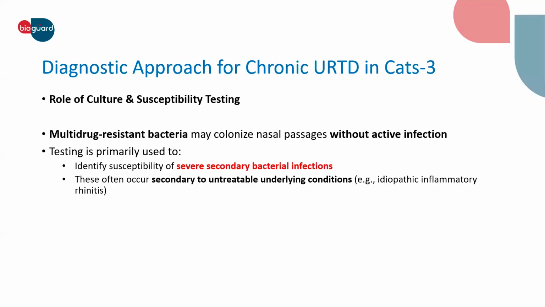And for diagnosis in chronic URTD, bacterial culture and or AST testing are important because some multiple drug-resistant bacteria may colonize nasal passages without active infection, and the testing is primarily used to identify susceptibility of secondary bacterial infection. And this often occurs secondary to untreatable underlying conditions.